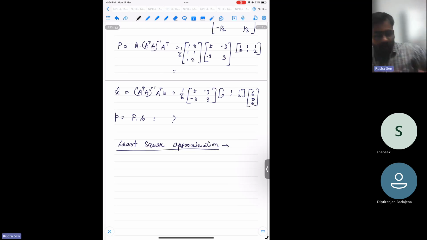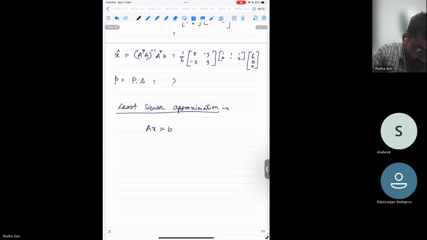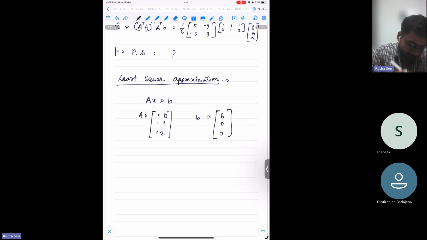As I said, Ax equals B has a solution when B lies in the column space of A. But what if B does not lie in the column space of A? So in the previous example, what was our A? A was [1 0; 1 1; 1 2], and B was [6; 0; 0], right?